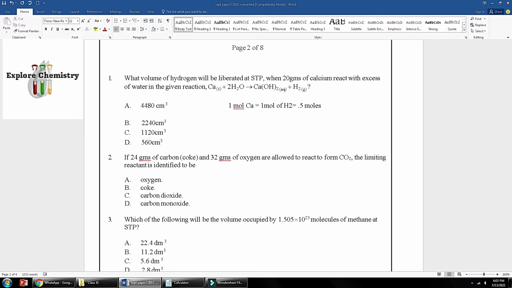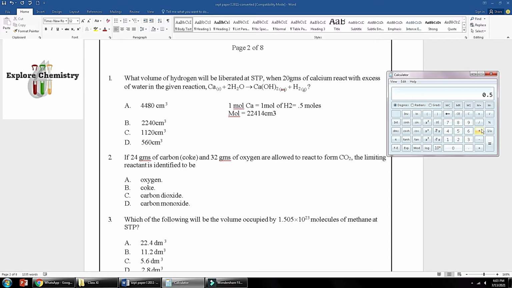Now you have 0.5 moles, you have to convert these moles into volume. We have a relation: 1 mole of any substance is equal to 22414 centimeter cube volume. So 0.5 moles, you just have to multiply 0.5 with this conversion factor 22414.